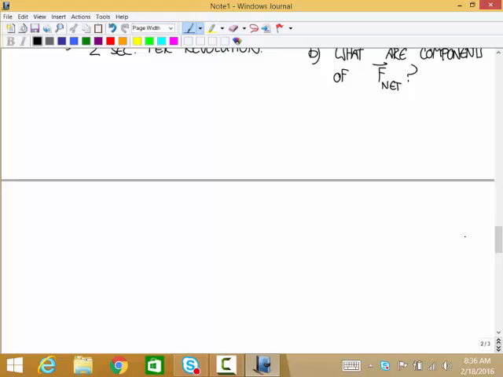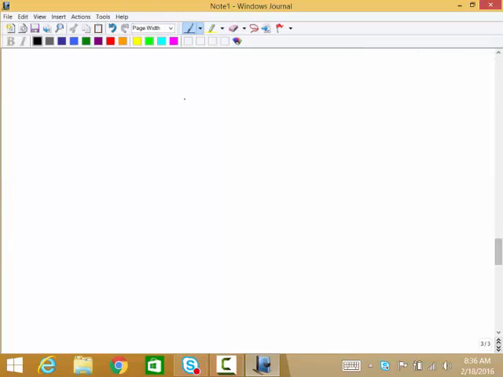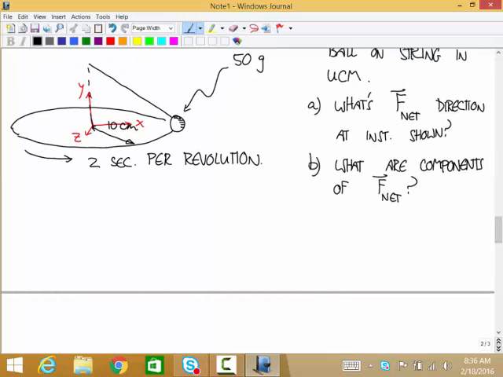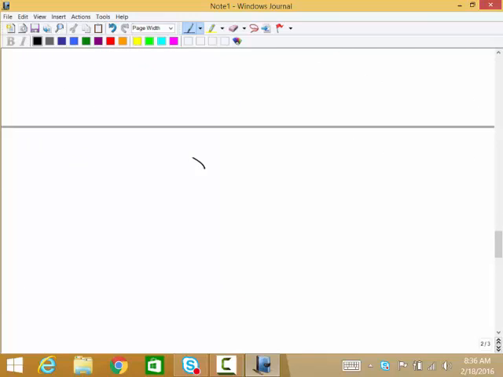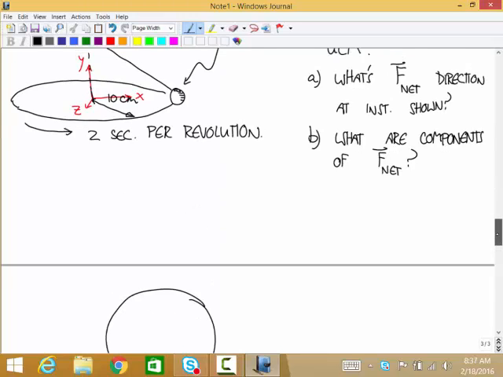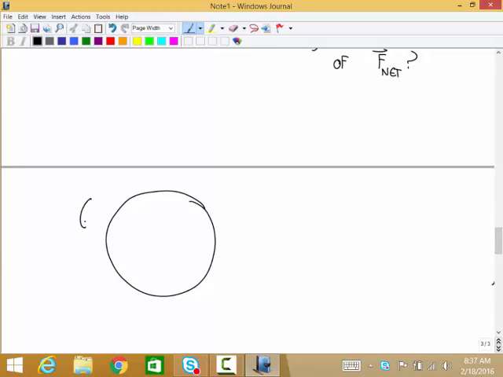So first of all, I'm going to draw it from, did I choose a coordinate system? Yeah. So I'm going to do it from above. And the direction of motion is like that. There's the object. The coordinate system, there's x, there's z.